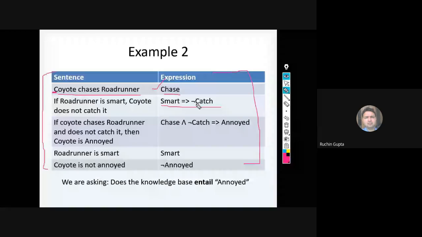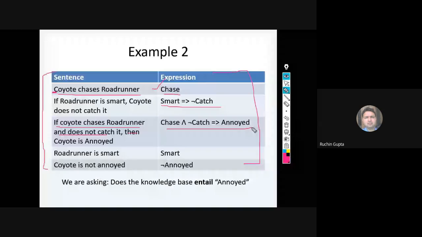I can also convert this statement in the same way: if coyote chases roadrunner and does not catch it, then coyote is annoyed. So this is going to be converted into this. Then we have the statement roadrunner is smart, represented by smart. Then we have this alpha that we want to derive from the knowledge base.